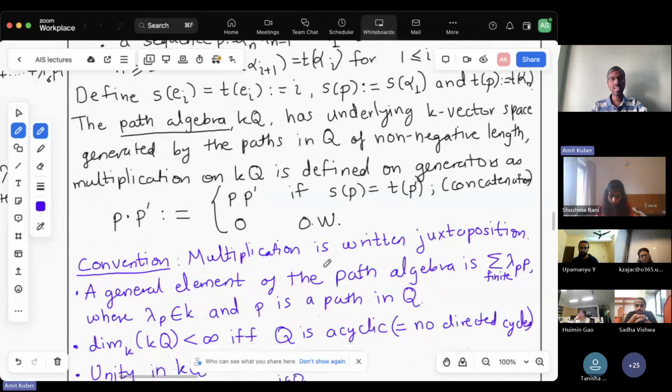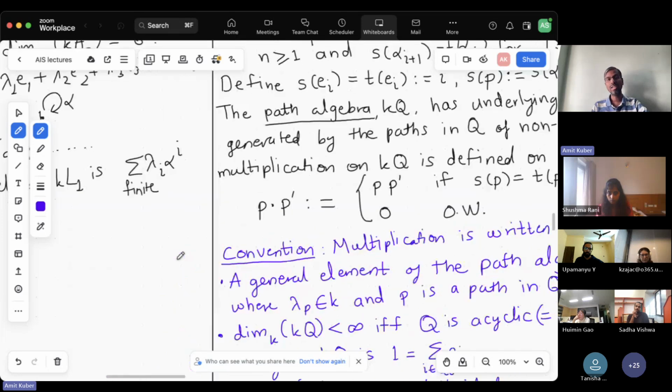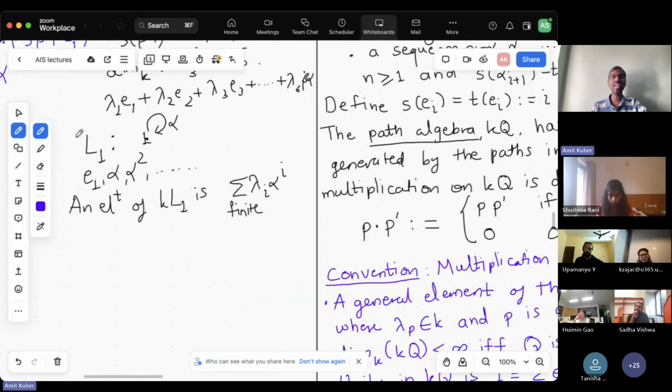And as you saw in this example, the dimension of the path algebra is finite if and only if Q is acyclic. So here I'm going to use the word acyclic in a very strong sense, that there are no directed cycles. Is L1 an acyclic quiver or not?